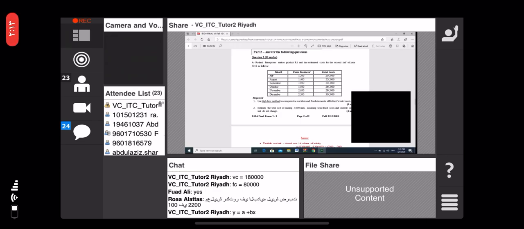So you find the amount of B was 100. Clear, Ro'a? After that, if he asks about the amount of A means fixed cost, you can return back to the major equation. The major equation Y equal A plus BX. So B it is 100.